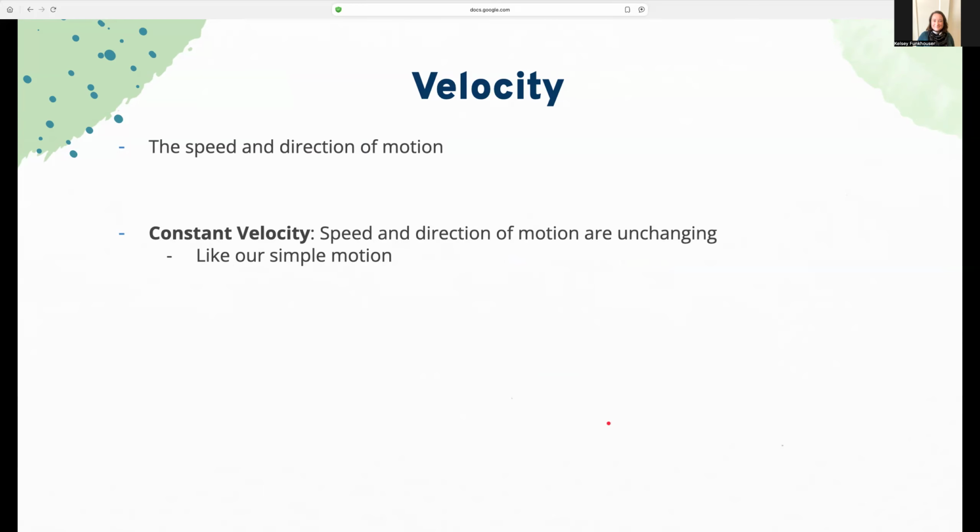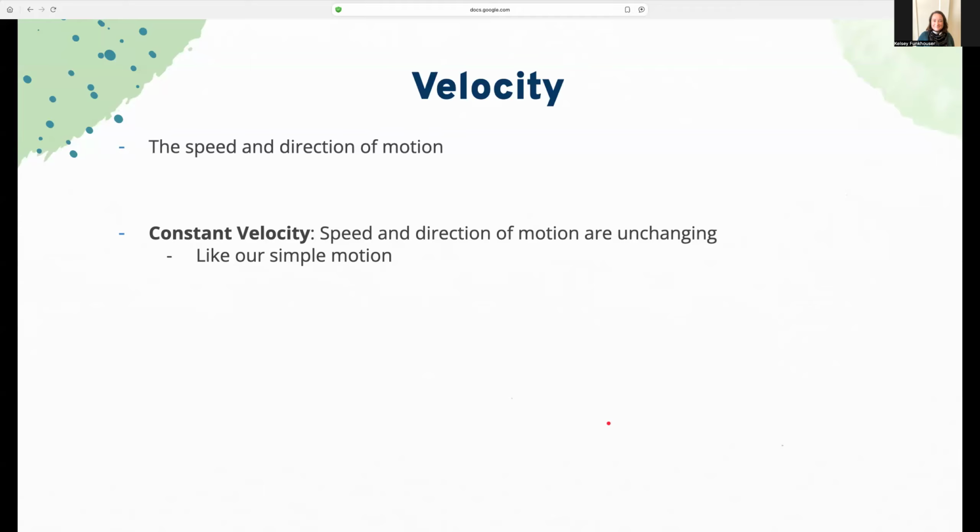Constant velocity is when the speed and direction of the motion are unchanging. Like the simple motion discussed at the beginning, as long as the speed and direction were unchanging, the velocity we had was constant. But keep in mind, there's two factors here, both the speed and the direction.